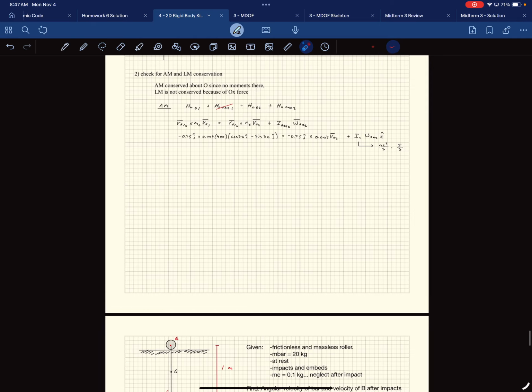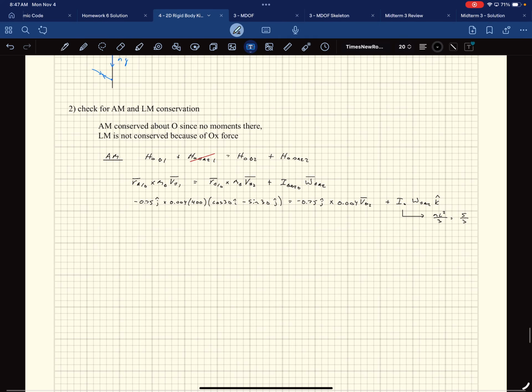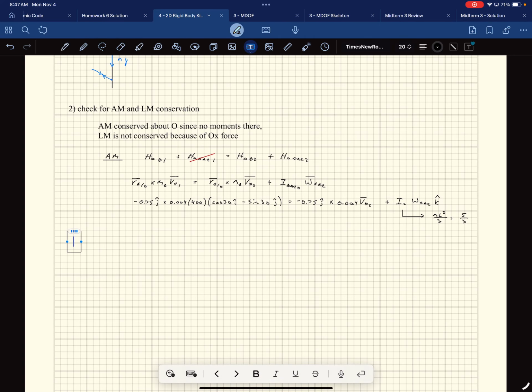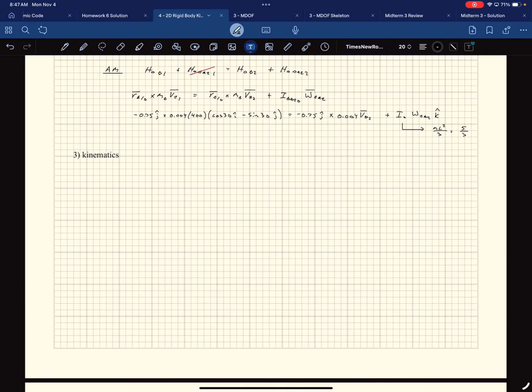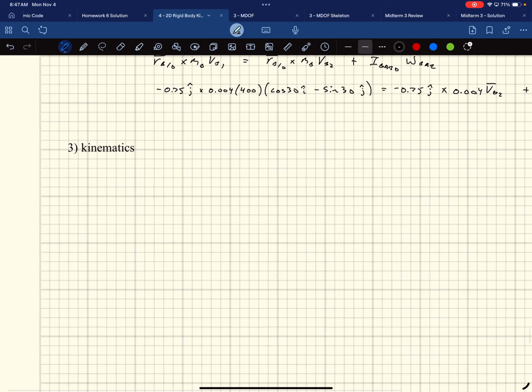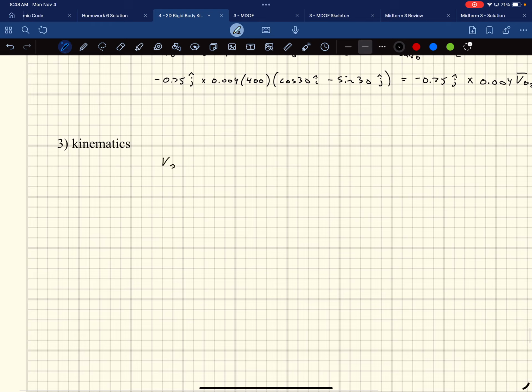let's do kinematics. Kinematics. v_B2 is equal to v_O, right? I know the velocity at point O is 0, so I'm going to start there.